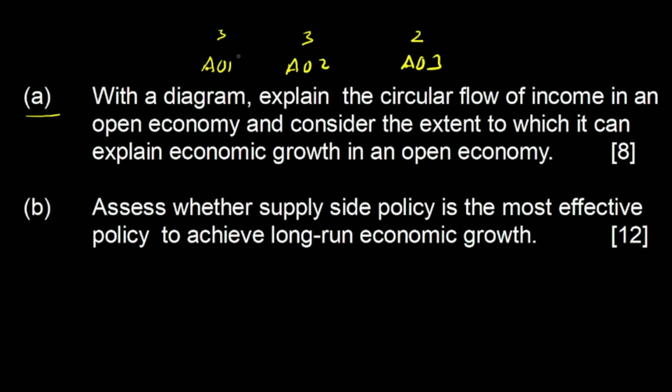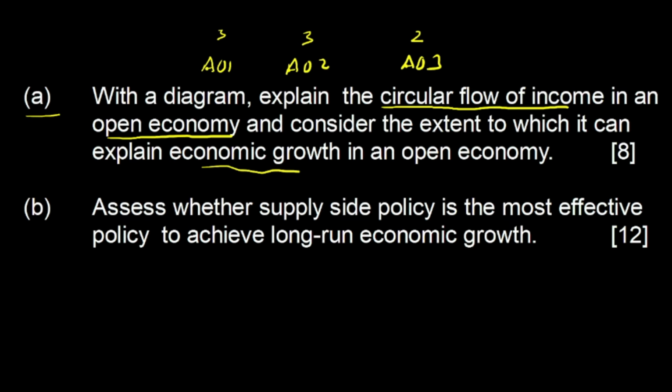For assessment objective 1, you have to give basic knowledge. What is the basic knowledge here? That is circular flow of income. You will have to define what circular flow of income is, what an open economy is, and what economic growth means. This is basic economic knowledge.